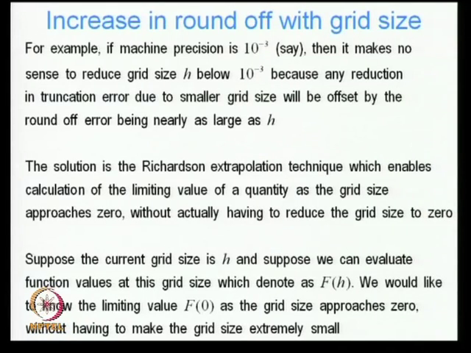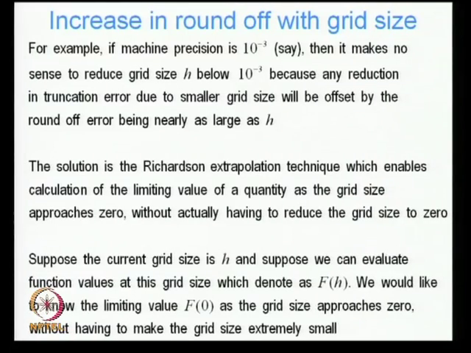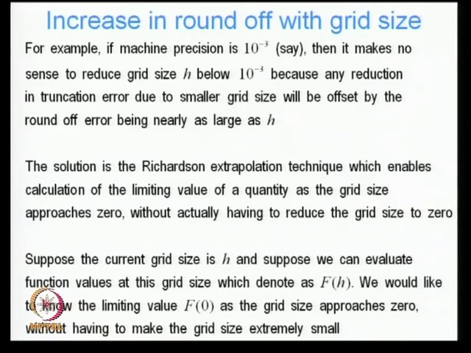Whatever reduction in truncation error I get because of the smaller grid size is going to be offset by the round off error. So, if the machine precision is of the order of 10 to the power minus 3, it makes no sense to reduce the grid size below 10 to the power minus 3.